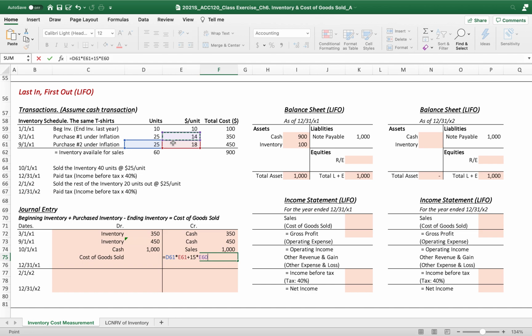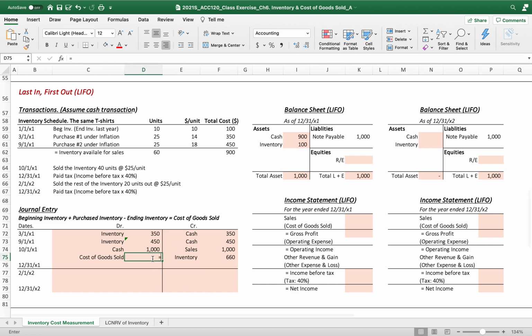So 25 times $18 per unit, and then 15 out of 25 times $14 per unit. Okay, so 660 is the inventory and the cost of goods sold out. That is the inventory sold, based on the LIFO method.